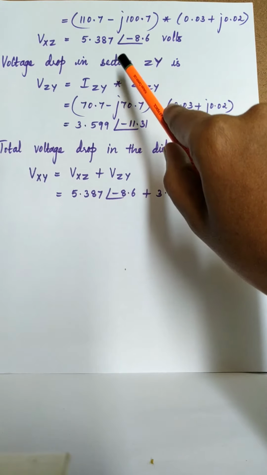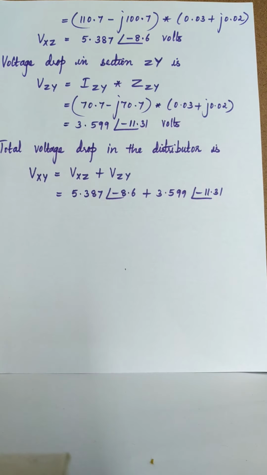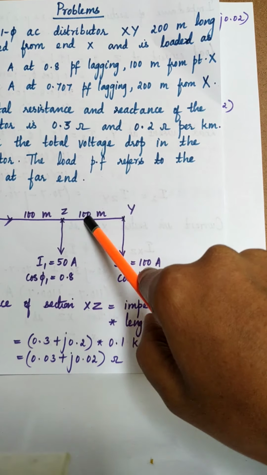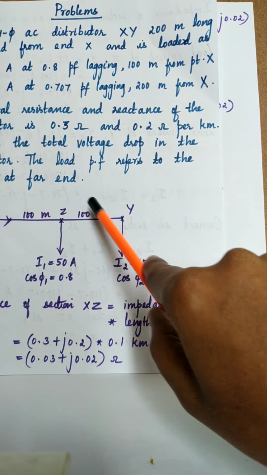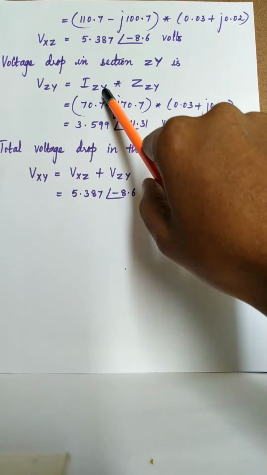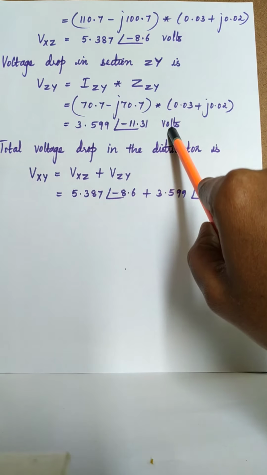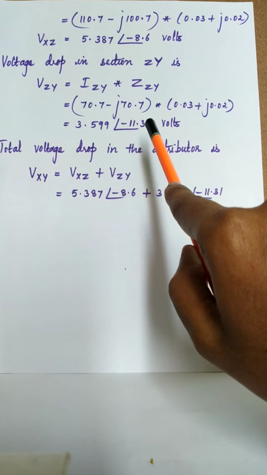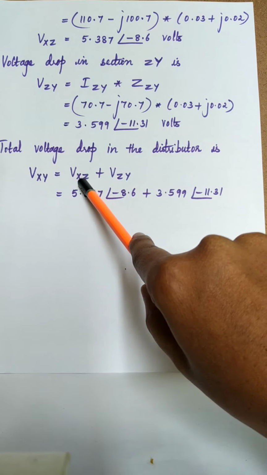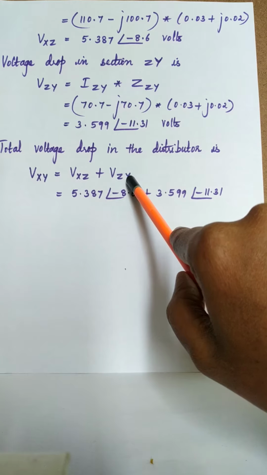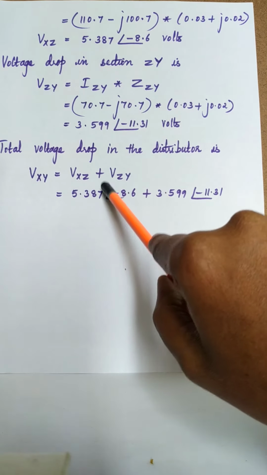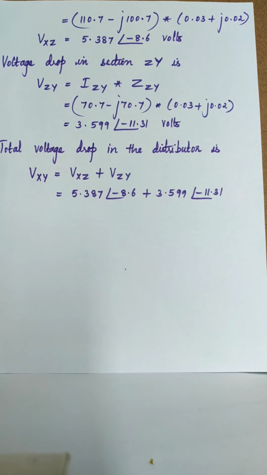In the same way, the voltage drop in section ZY is the current through ZY into the impedance of ZY. Substitute the current in ZY and the impedance, and get the answer. Now the total voltage drop in the distributor is the drop in section XZ plus the drop in section ZY. Substitute and get the answer.